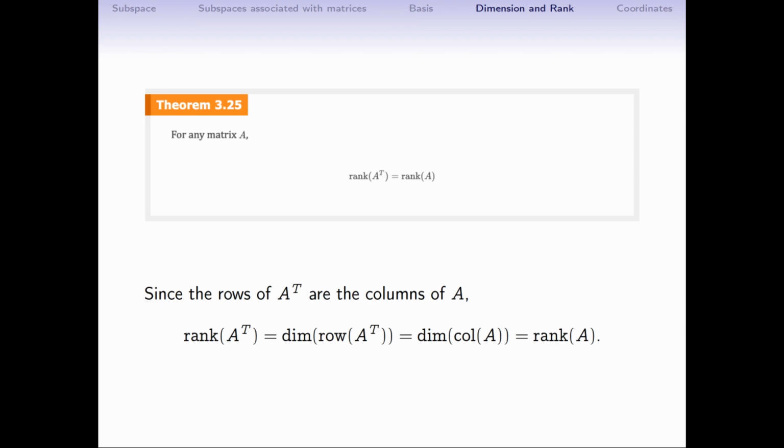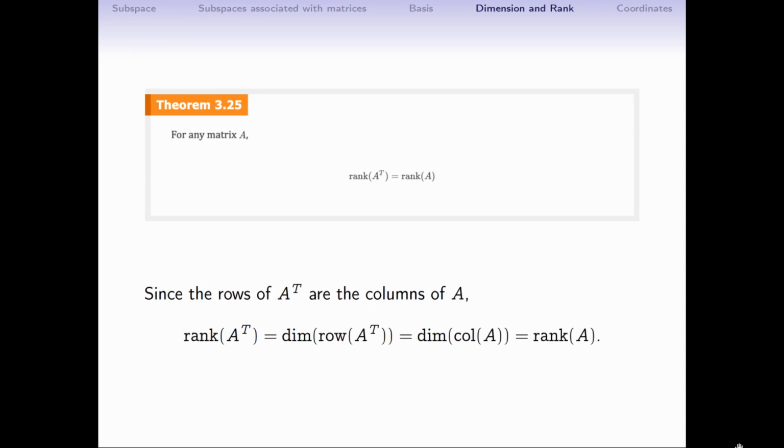Let's look at theorem 3.25. For any matrix A, the rank of A transpose is equal to the rank of A. And this theorem follows very easily from the duality of a matrix and its transpose. In other words, the rows of a matrix become the columns of the transpose, and the columns of the matrix become the rows of the transpose.